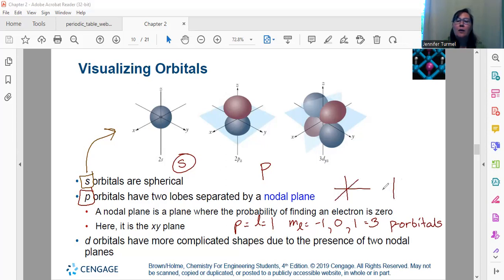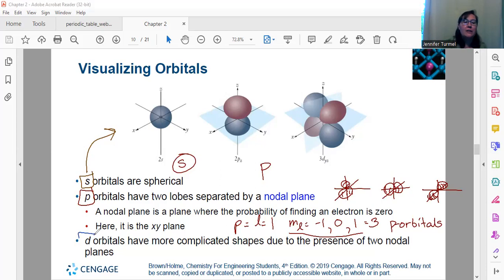I'm going to draw 3 coordinate planes here. Here's 1 p orbital, and here's another p orbital, and what I'm doing is drawing them along each axis, and we say px, py, and pz. That's why the m sub L value talks about our orientation in space.